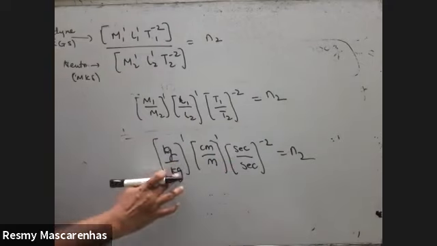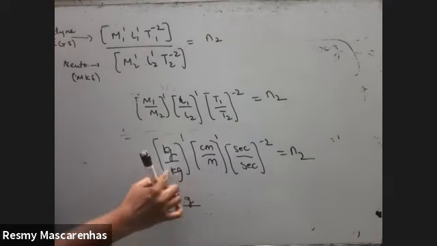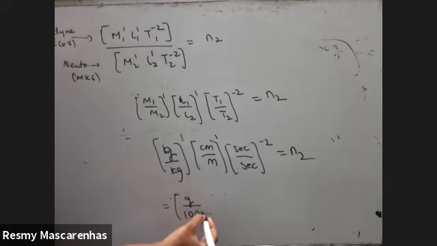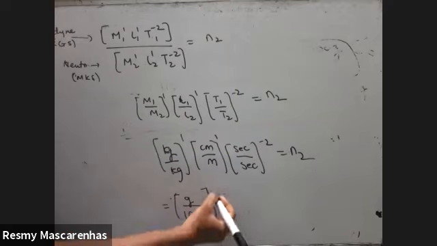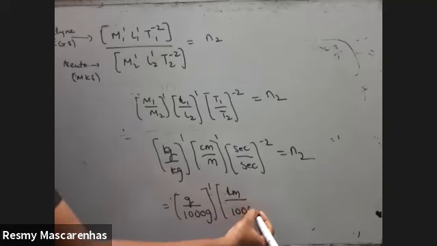What you do? 1 kg is nothing but 1000 grams. 1 meter will be 100 centimeters.